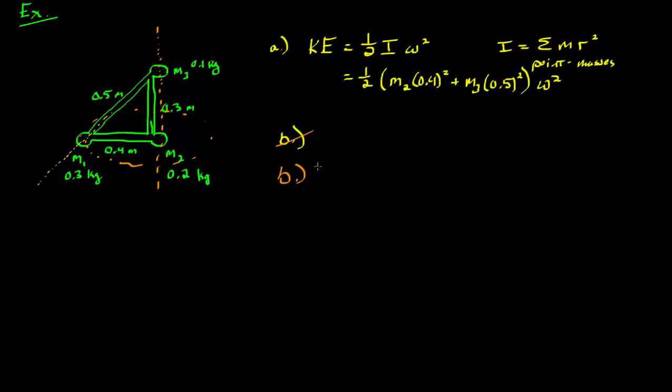So the kinetic energy in that case is going to be 1/2 of this one, mass 1, times the distance 0.4 squared, and that's your rotational inertia, times omega squared. That's it.